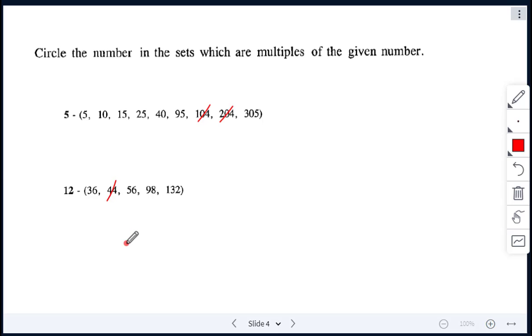So 44 we would cross out. 56, I think 12 times 5 is 60, so 56 we could cross out. 98 is not a multiple either. 132, yes, that works. 12 times 11 gives me 132. So 36 and 132 are multiples of 12.